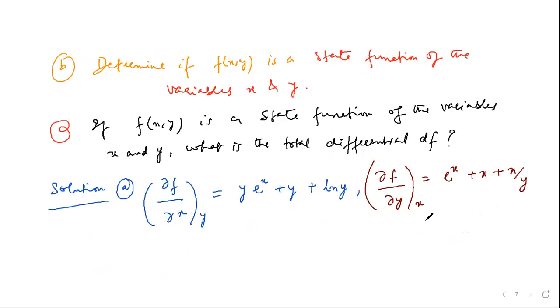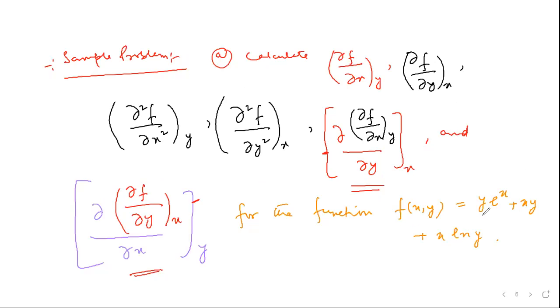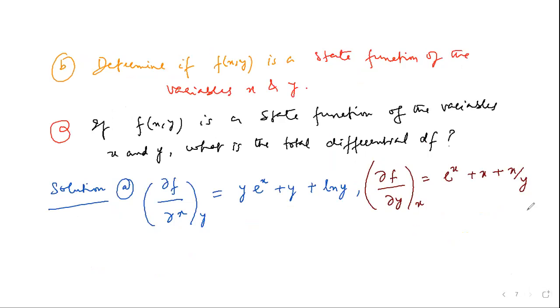Here x is constant. We are differentiating with respect to y, so e^x will remain and ∂y/∂y is 1. Differentiating with respect to y, only x will remain. Differentiating with respect to y, x will remain as constant and the differentiation of ln y will be 1 over y. And x times 1 over y, right?